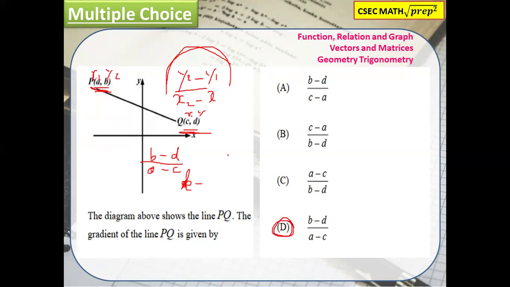So the trick with this question really is that we are very used to having these to be the twos. So we start with saying D minus B, but we're getting these to be the twos this time, right?